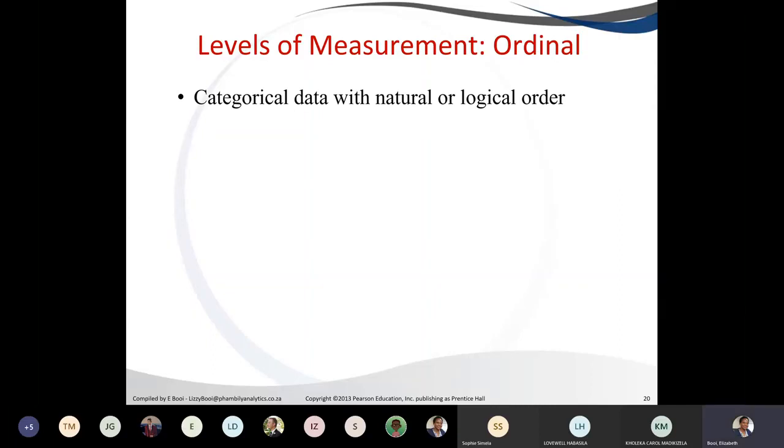So there is an order in which you rank that level of service, and that is an ordinal scale of measurement.